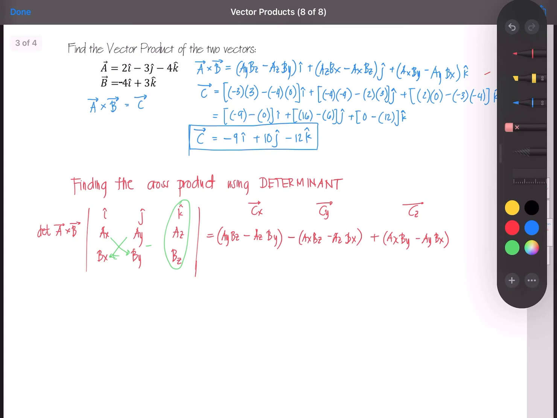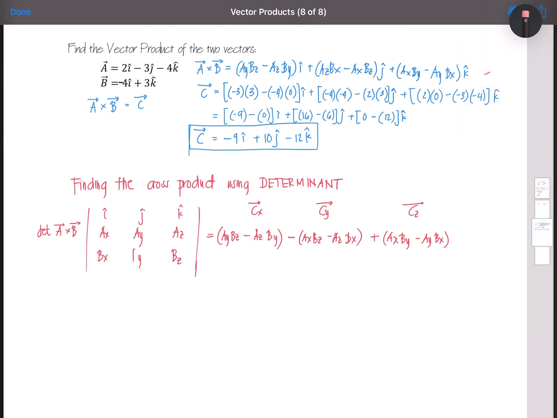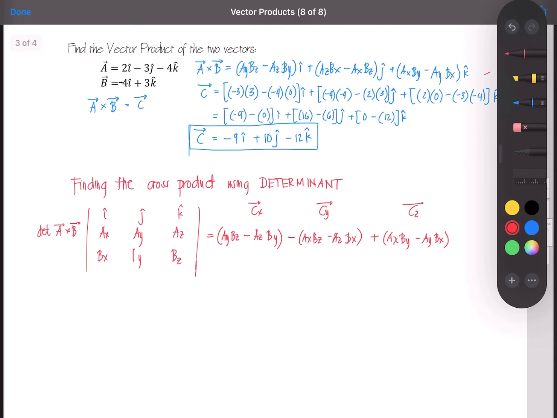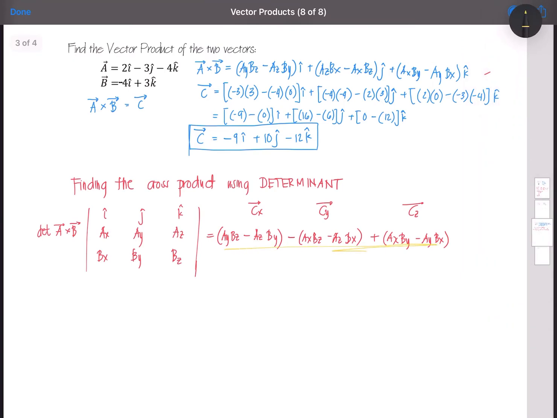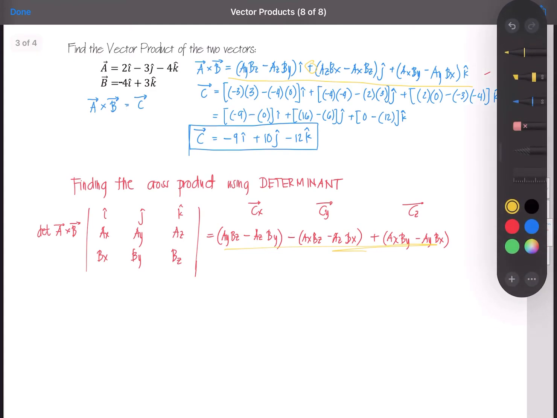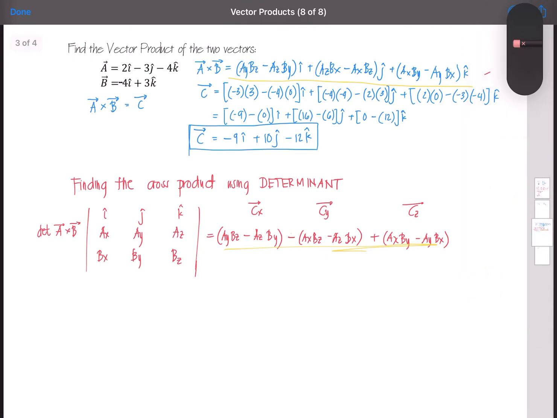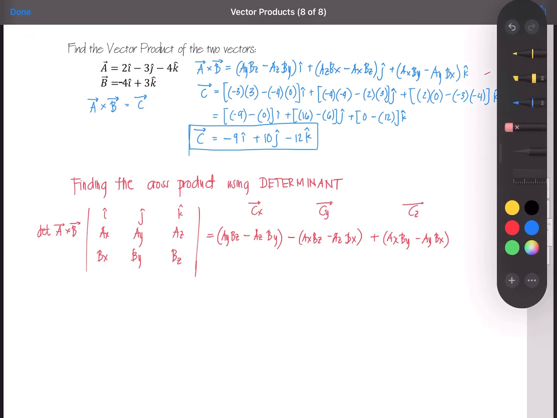If you compare this formula with the first one, it's quite similar. The difference you'll notice is in the second term. Here it is plus AZ BX minus AX BZ, while the other one has a minus: minus AX BZ minus AZ BX. Basically they're the same, just arranged in a different manner.